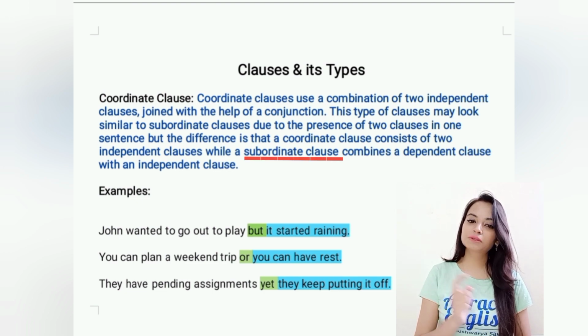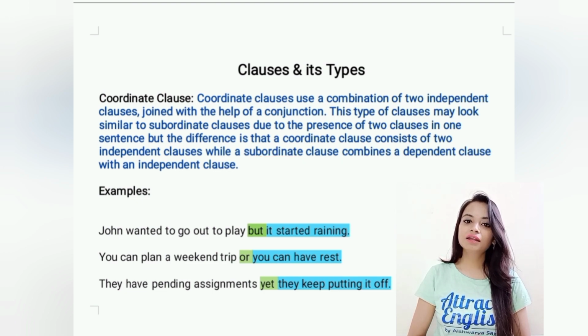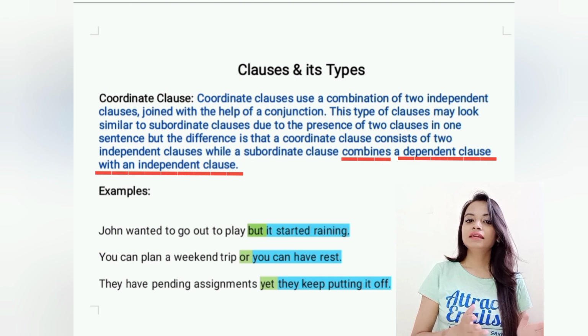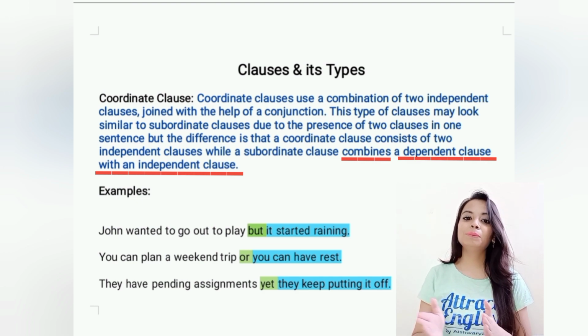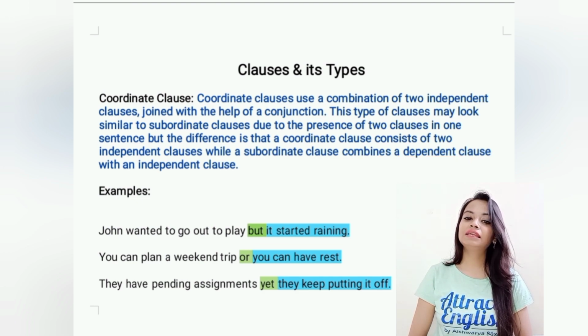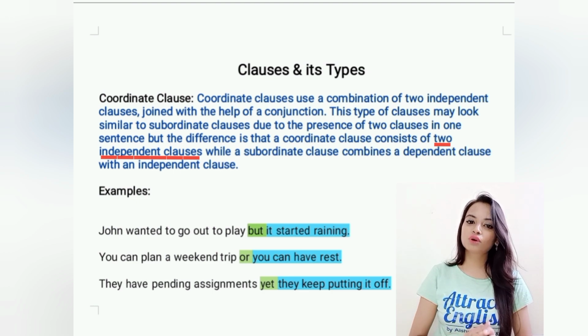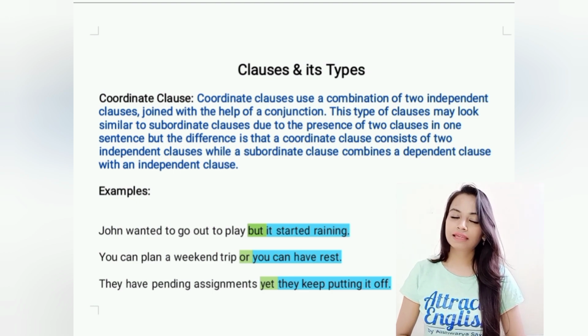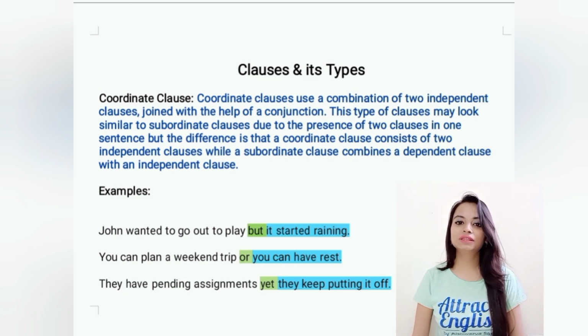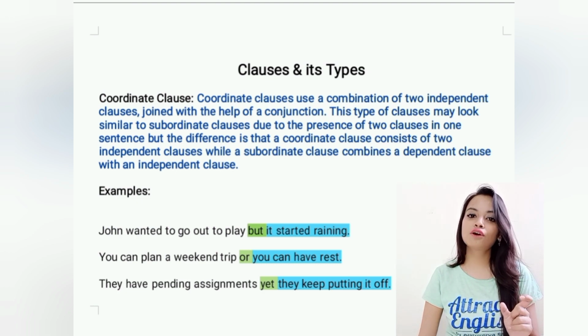So, coordinate clause is also a combination of multiple clauses just like subordinate clause, but there lies an important difference. In subordinate clauses, we are combining an independent clause with a dependent one. But in coordinate clauses, we are taking two independent clauses and joining them with the help of a conjunction. The second difference can be understood with the help of the position of the conjunction.